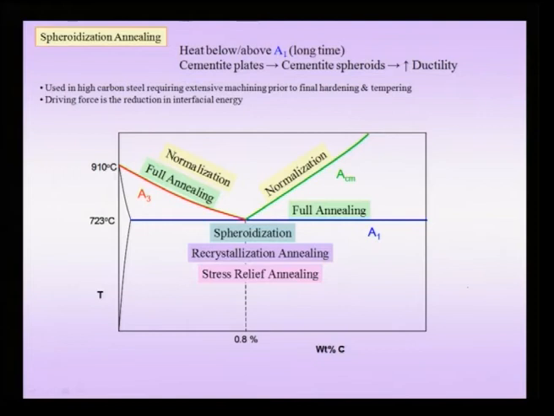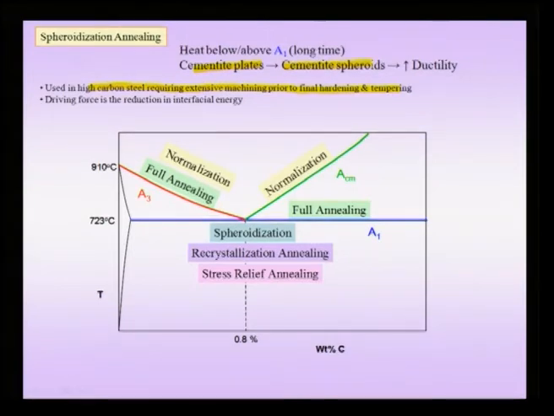Now, spheroidization annealing is specially carried out not in all kinds of materials, but in high carbon steels requiring extensive machining prior to final hardening and tempering. In this, there are cementite plates, and cementite is a brittle phase, so we replace it with cementite in the form of spheroids.